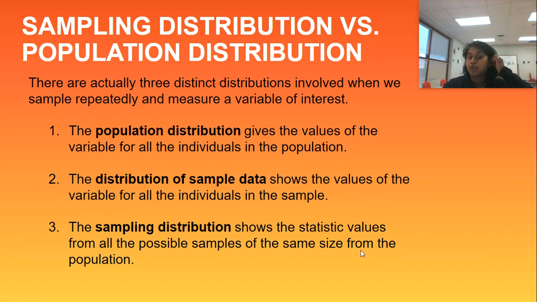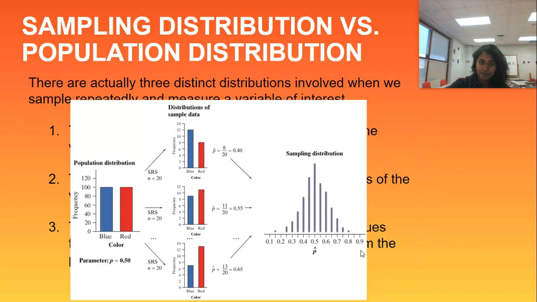And the third, what we're actually working on today, is the sampling distribution, which shows the statistic values from all possible samples of the same size from the population, or a simulated version of all possible samples, since it is more often than not impossible to get every single sample. That is why we do samples. And so let's move forward.